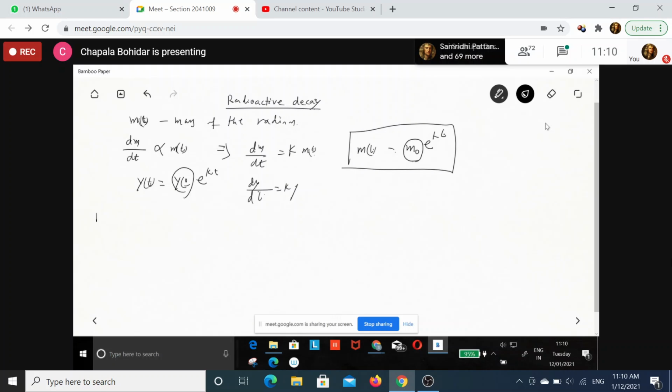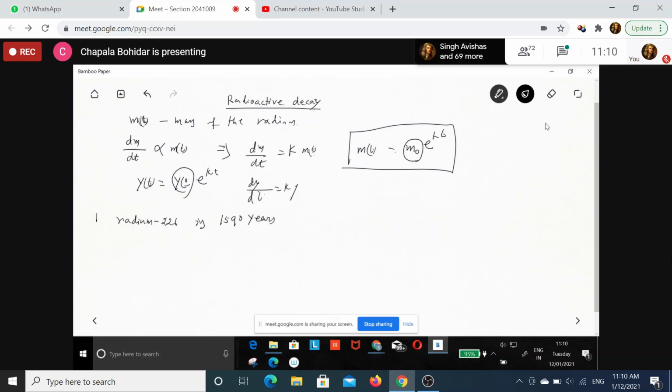So now, write down the question. That is your example 2. The half-life of radium, radium 226, is 1590 years.